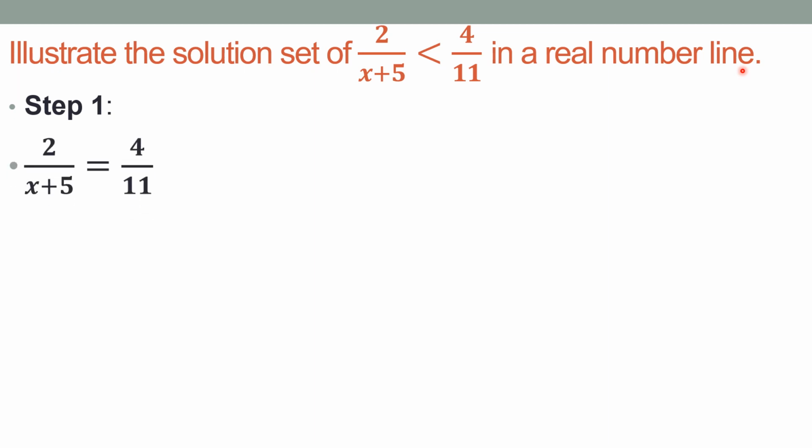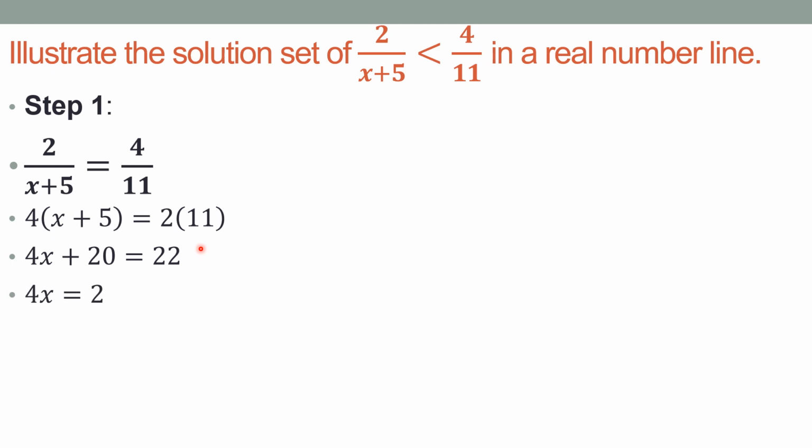And let us apply what we have learned earlier. 2 over x plus 5 is equal to 4 over 11. Cross multiply, giving us 4 times x plus 5 is equal to 2 times 11. So 4 times x is 4x, 4 times 5 is 20, and 2 times 11 is 22. 20 will be transposed to the other side, giving us 22 minus 20, which is equal to positive 2.